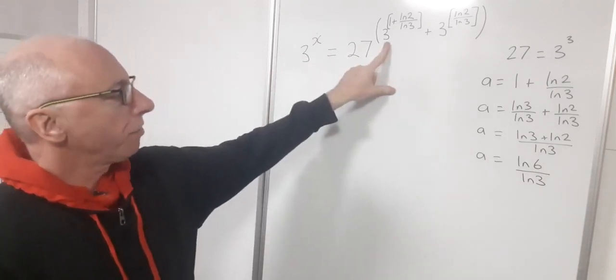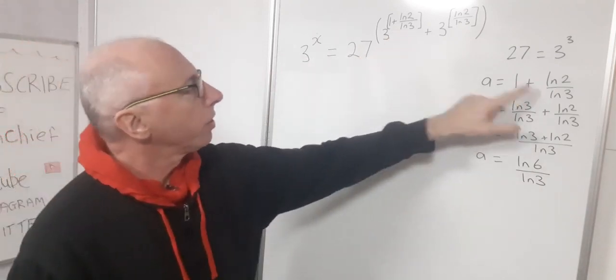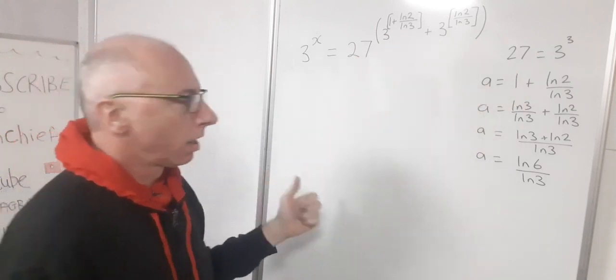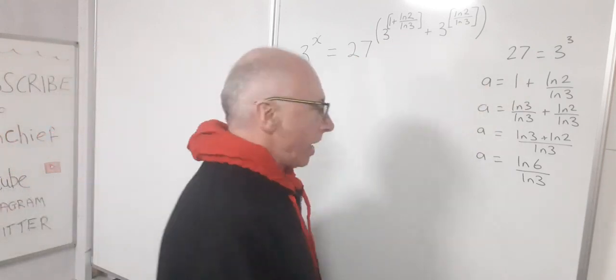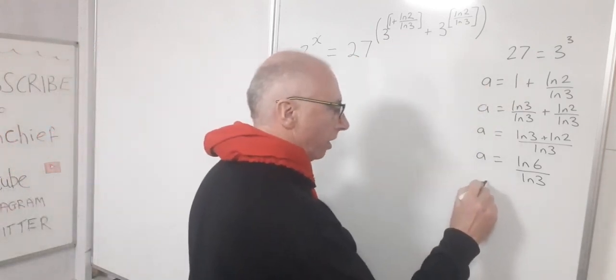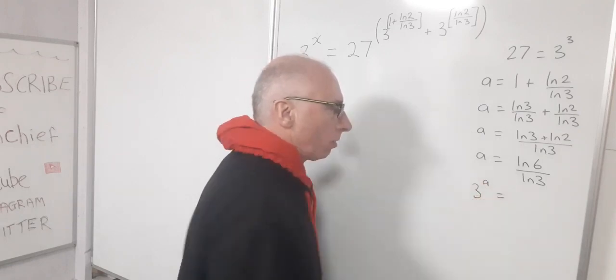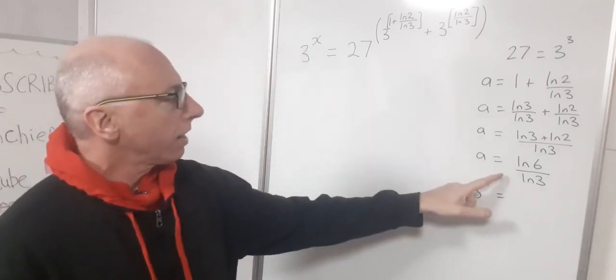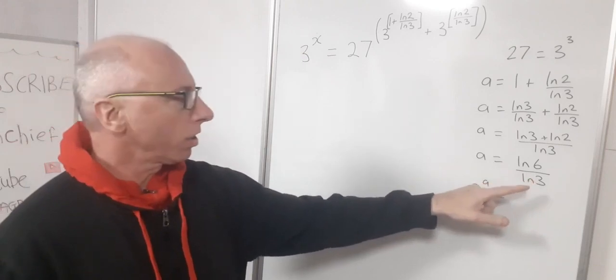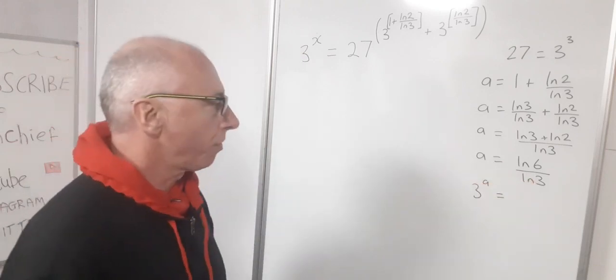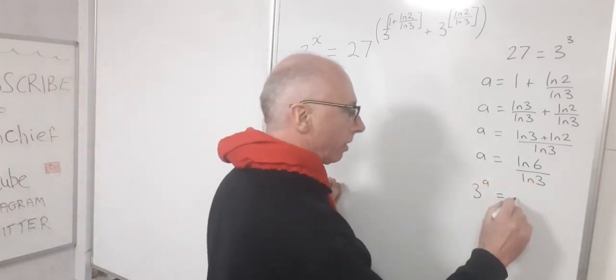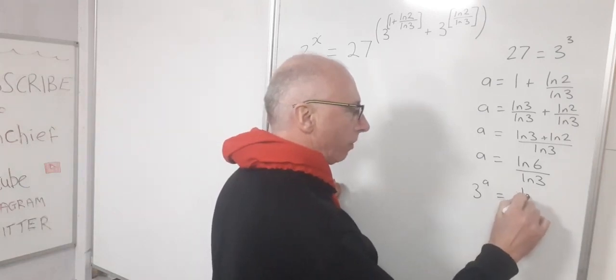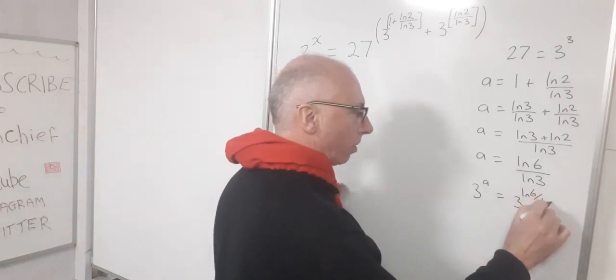Now I've got here 3 to the power of this one. So this one here is 3 to the a. So let's have a look at that. So 3 to the power of a would be the same as 3 to the power of log 6 over log 3.